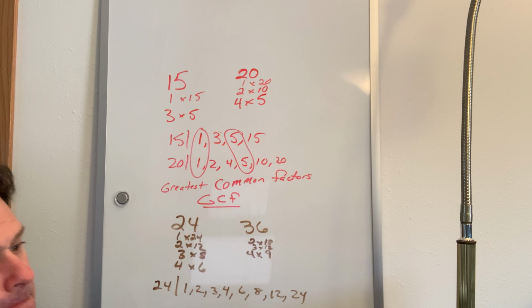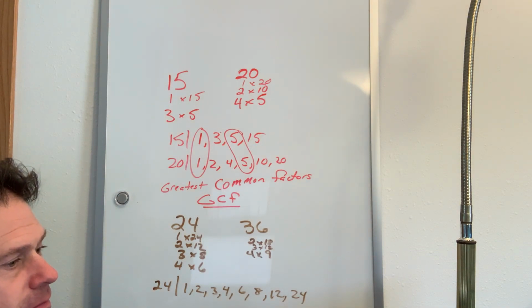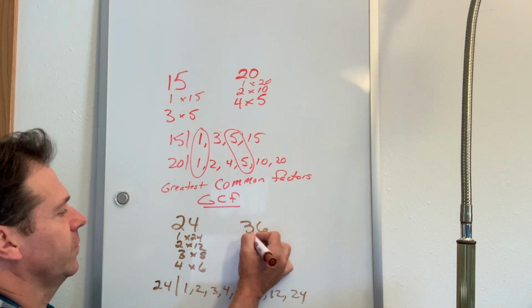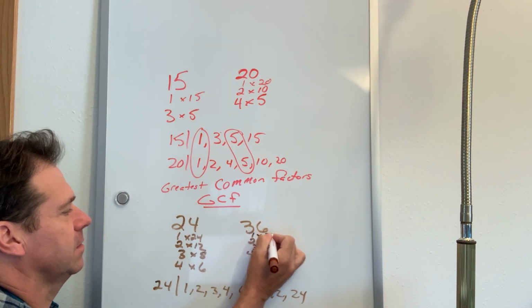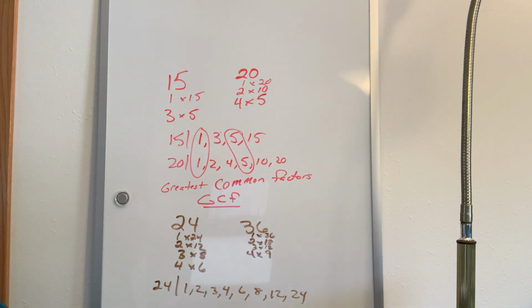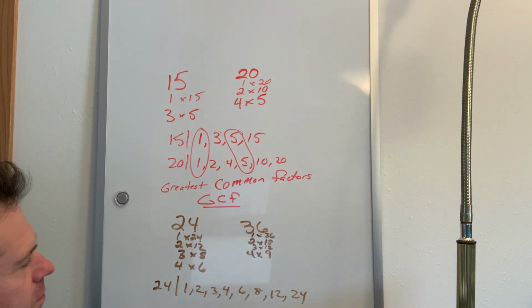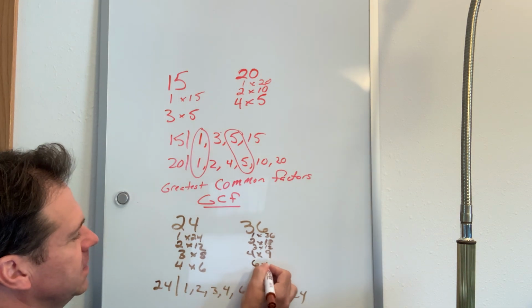Oliver. 1 times 36. Very good. I think there's another one. Carter. 6 times 6.